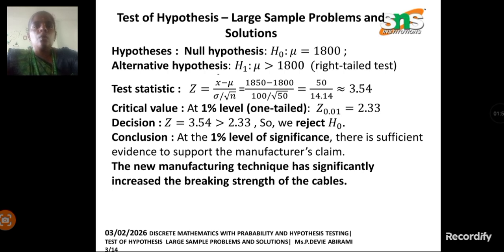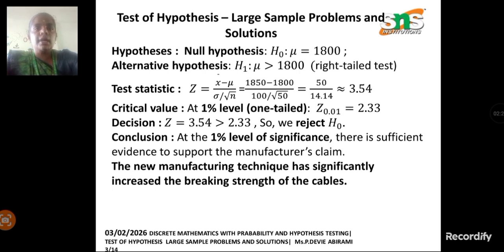They have given all the values. I am going to substitute those values in my formula. From substituting this I am having the answer as approximately 3.54. My critical value for 1% level of significance, Z is 2.33, which is smaller when compared to my result.